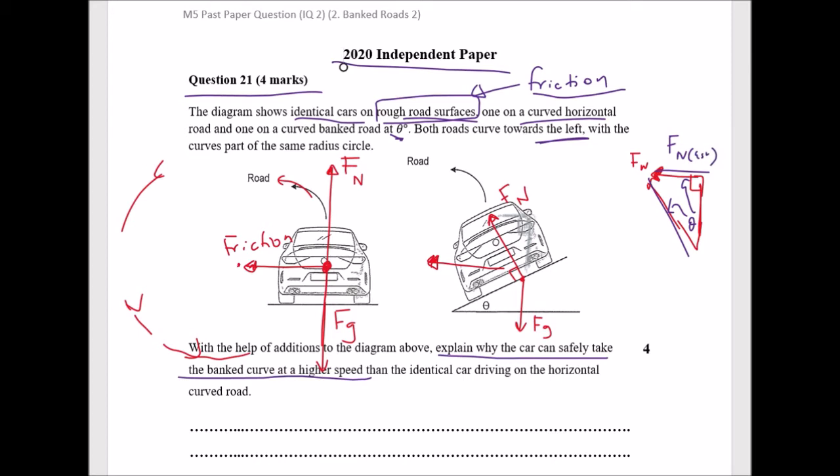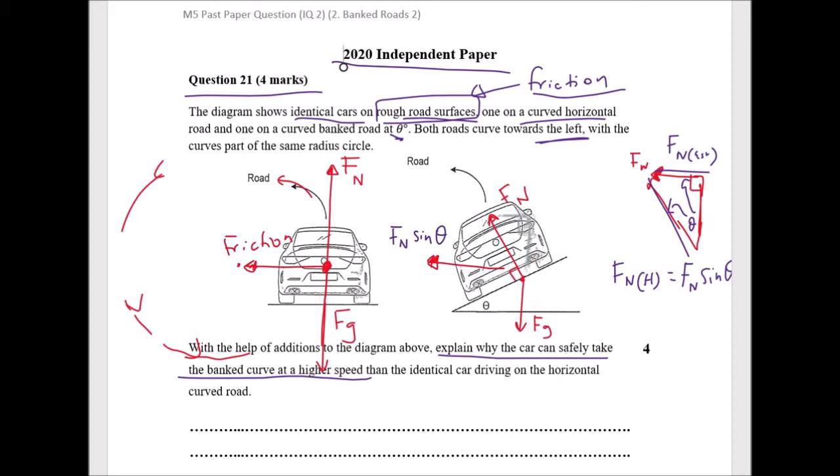If I want to write that out, it is Fn horizontal, so I'll just call it H, is equal to normal force times sine theta. So that's one component that I need to consider here. So Fn sine theta there.